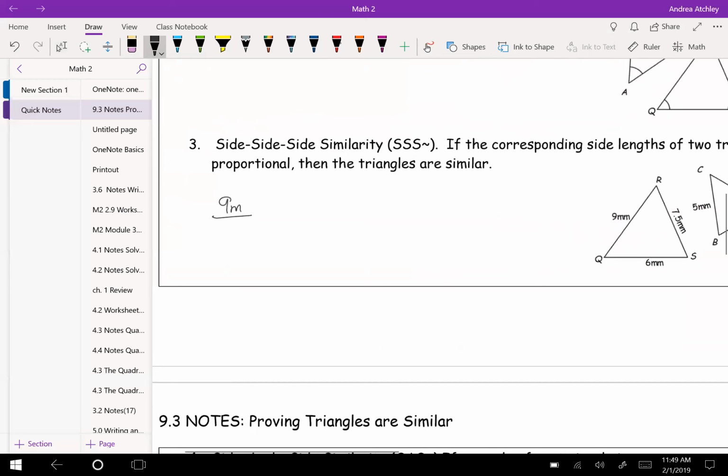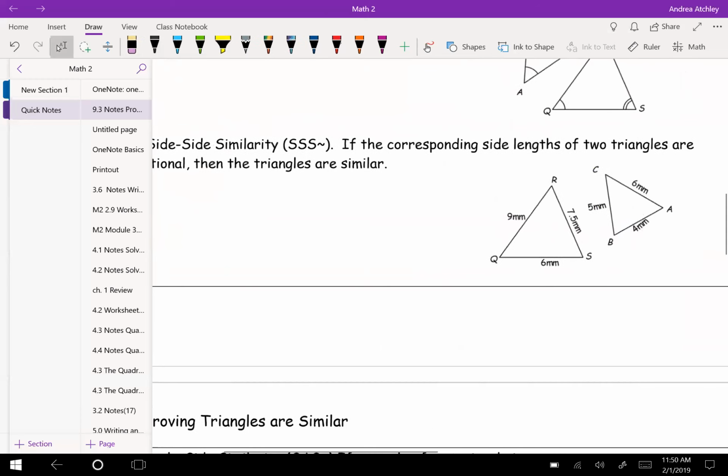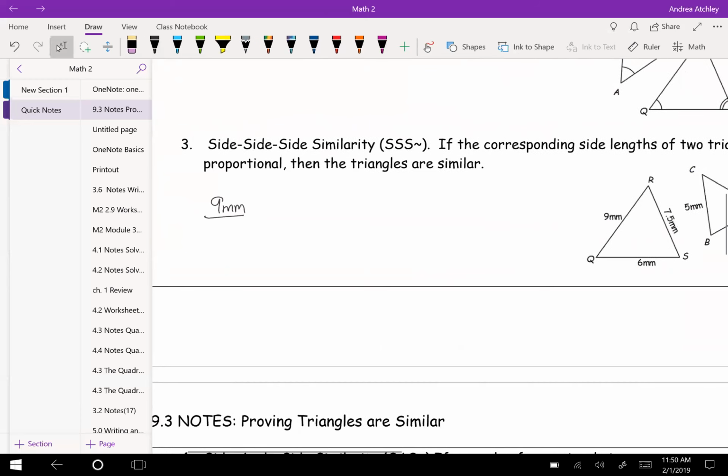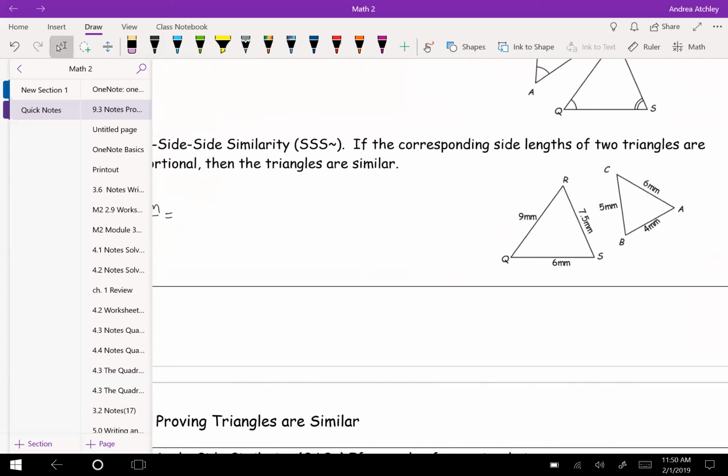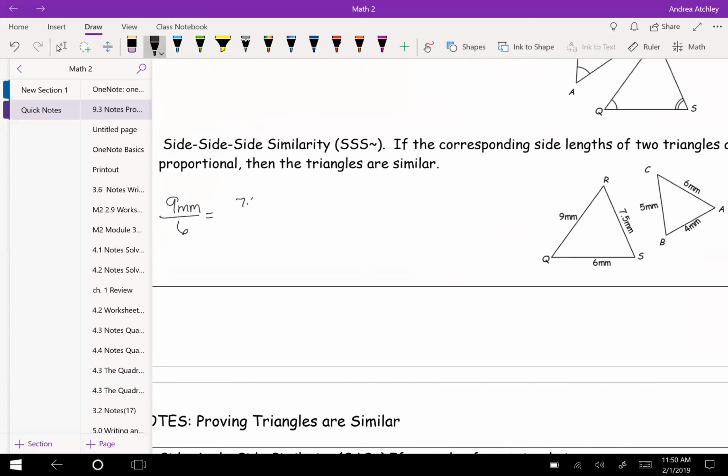Oh, it's millimeters. So what's the biggest side with the other triangle? 6. So 9 goes with 6. 7.5 is the middle one. And it goes with 5. And then 6 is the smallest, goes with 4.